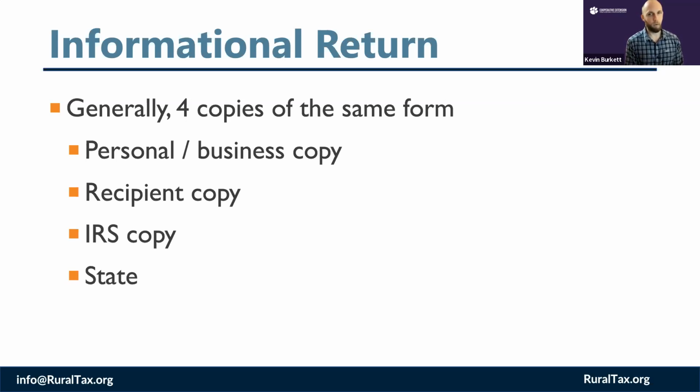They don't always require a copy, and sometimes when you filed federally, they receive that information once it's been filed with the IRS. So you kind of have to check on the state side of things, but the states typically are going to want a copy of that as well.